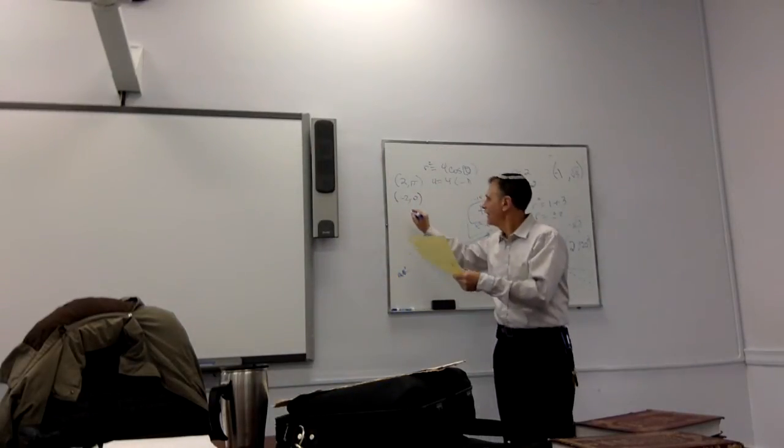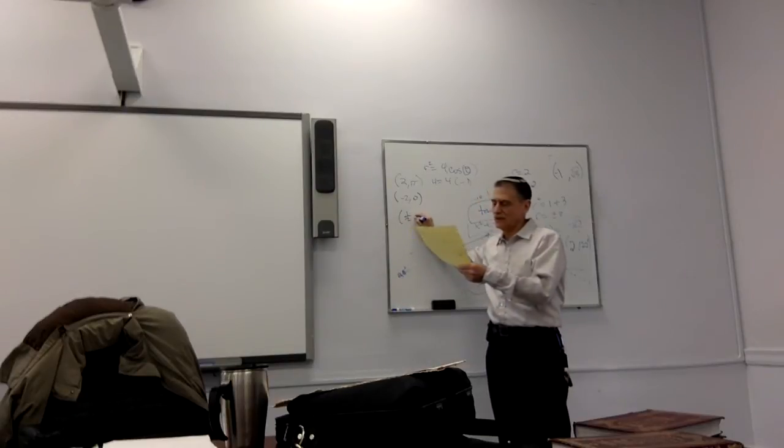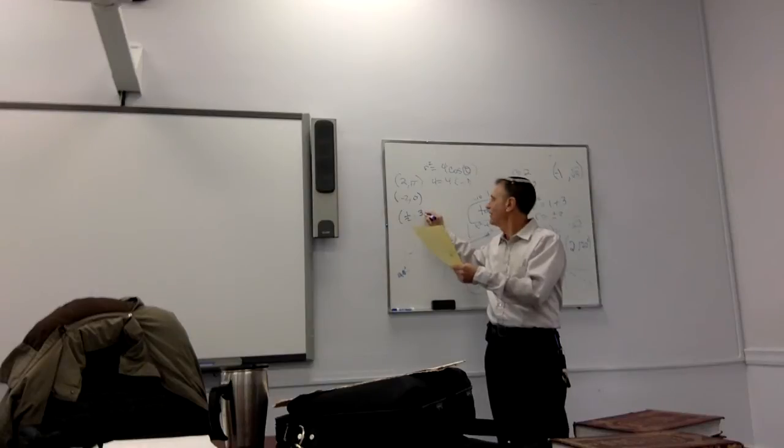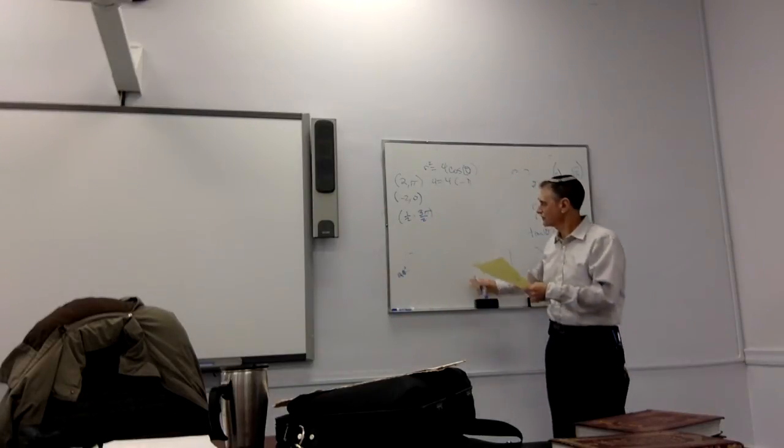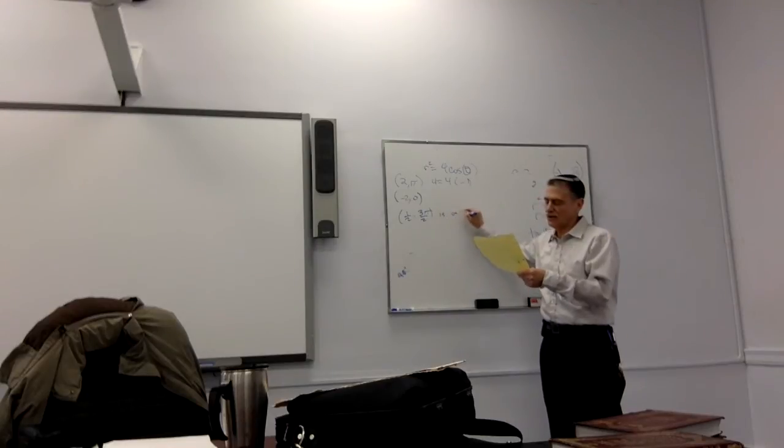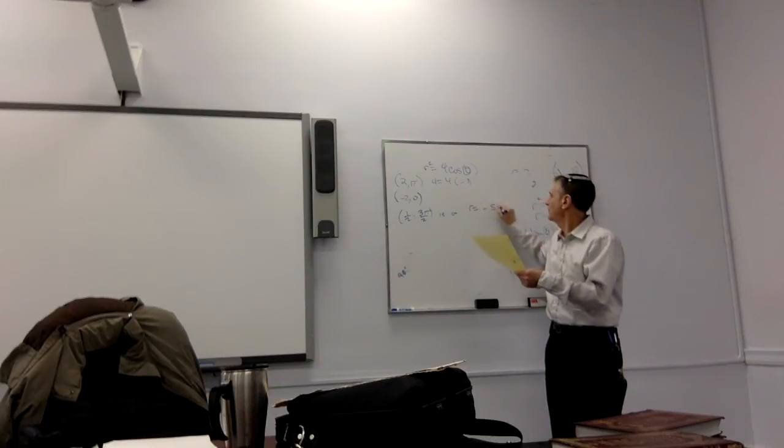Show that is our last question for today. Maybe. Show that -1/2, 3 pi over 2 is on r equals minus sine of theta over 3.